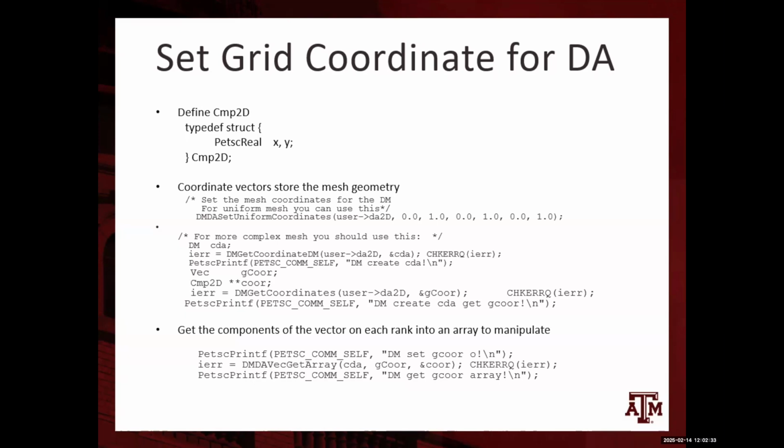We cannot manipulate the vector directly. We need to get the array for each of these ranks to manipulate, and we do this with DMDAVecGetArray. So copy and paste this into your code.